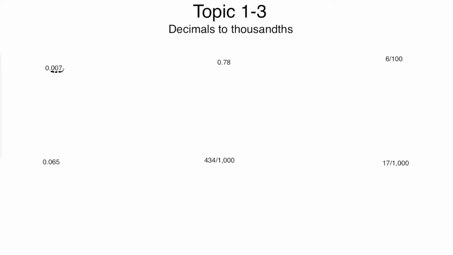There is a 7 in the thousandths place, so that makes it 7 over 1,000. And that's the answer. Circle it. Did you get that? Great job.